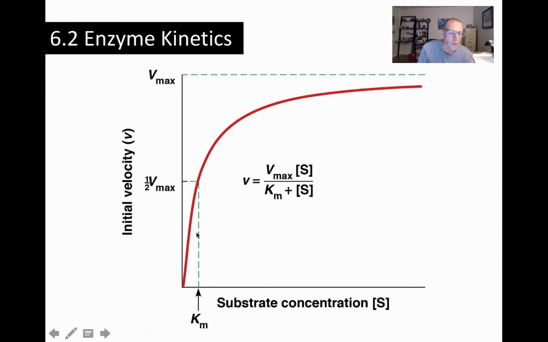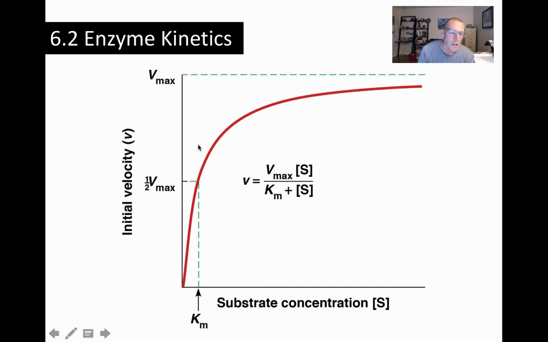If we're down here in this part of the curve, we can see that initially, at pretty low substrate concentrations, when we have a doubling of S, we'll get a doubling, or a proportional change, in the velocity of the reaction.